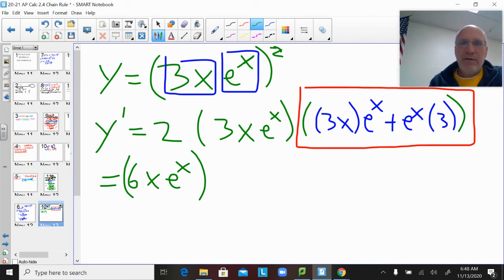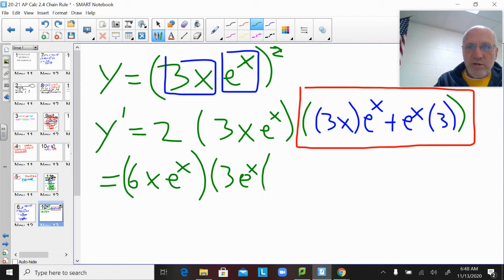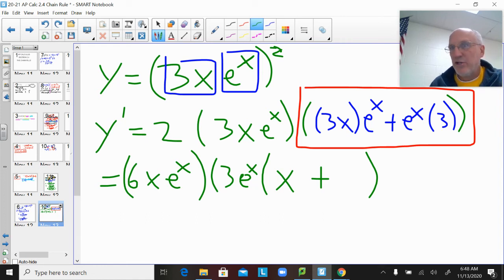So I think I can take out another 3 e to the x, which leaves me with something plus something. And to the left of that blue plus sign, if I take out a 3 and an e to the x, I think all I have left is an x. And then to the right of the plus sign, if I take out a 3 e to the x, I took out everything, just a plus 1.